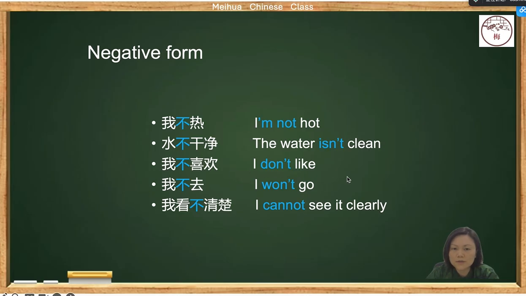But in the negative sentence, in English, we need to add a helping verb. But in Chinese, we don't do that. We don't add a helping character before the verb or before the complement. This is a very important difference.